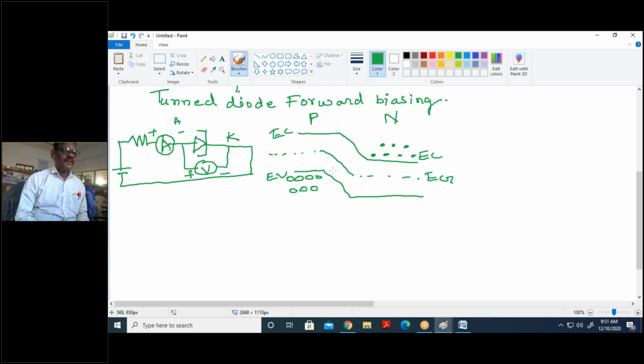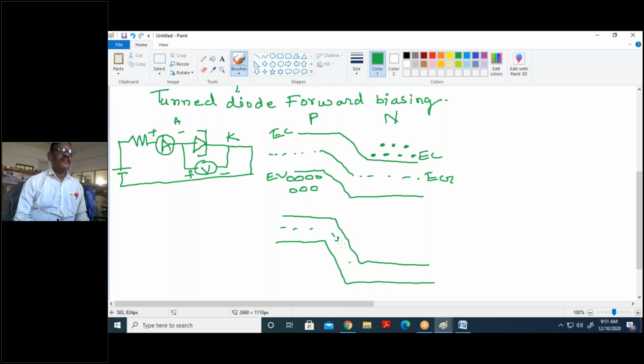Now, with the applied voltage, with the biasing, same diagrams. This is empty energy gap.